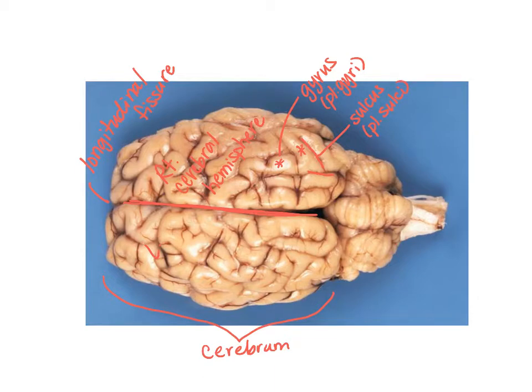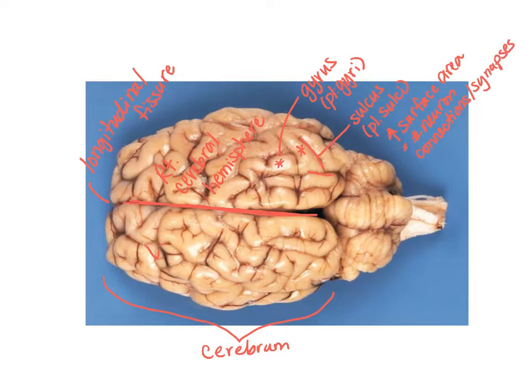Now, these structures help to increase the surface area of the brain. And by increasing surface area, that increases the number of neuron connections or synapses that can happen. So that gives us kind of higher processing power.